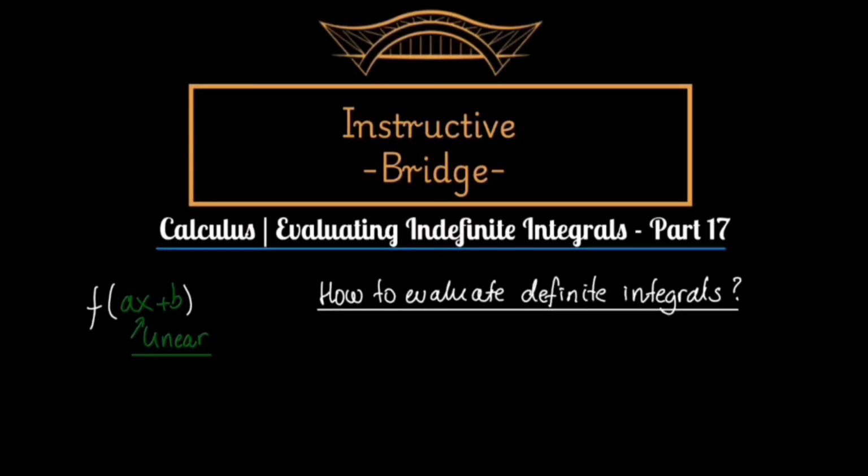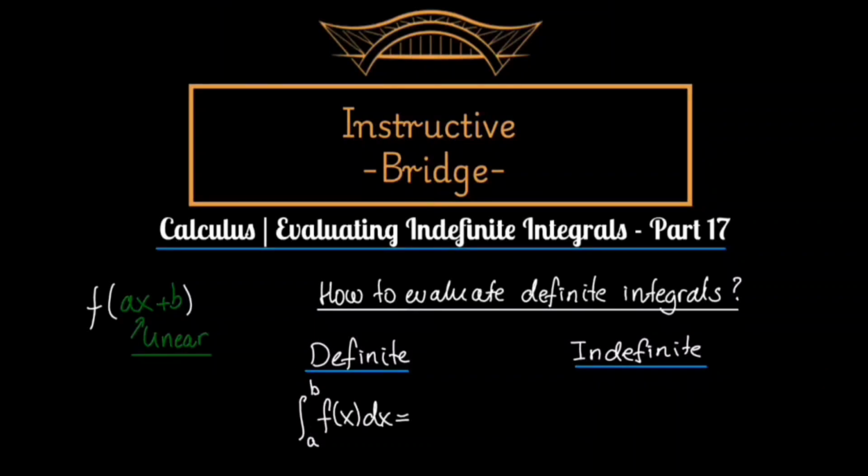In part 14, the first video on integrals in this series, we talked about integrals being split into two different categories: definite integrals and indefinite integrals. Definite integrals are the integrals which can have certain values on top and the bottom of the integral sign.